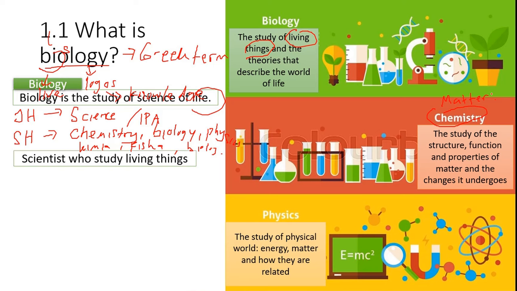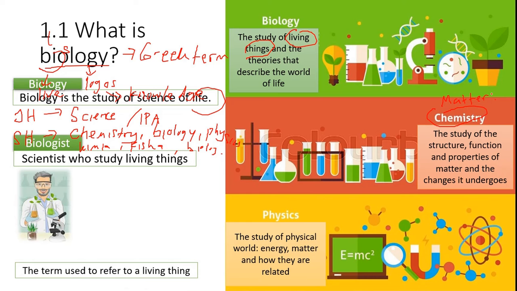What is the name of scientists who study living things, or who study biology? The scientist is known as a biologist. A biologist is a scientist that learns about living things or biology. How about chemistry? What is the name of the scientist that learns matter and its change?